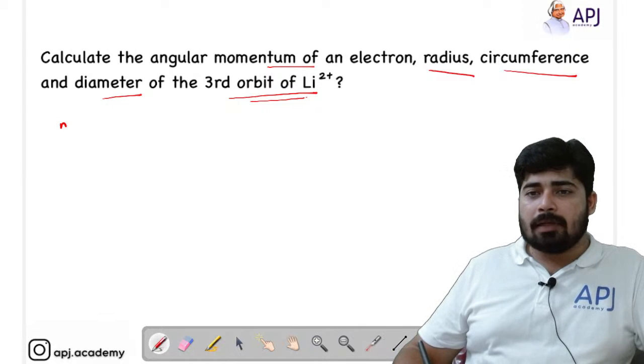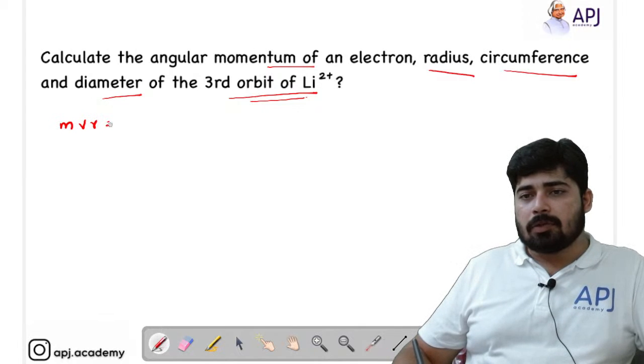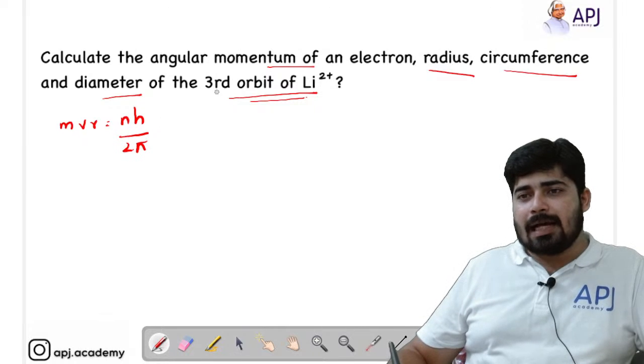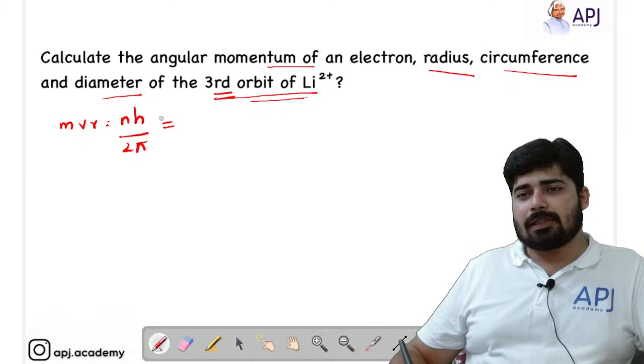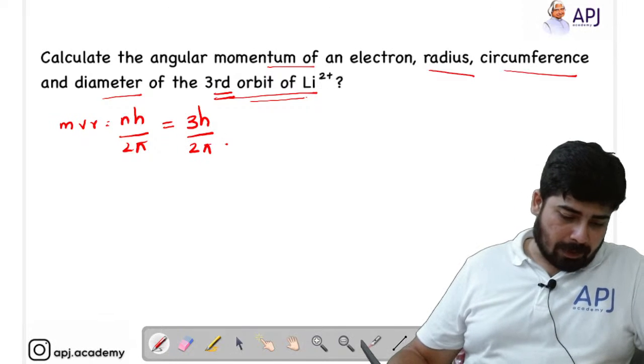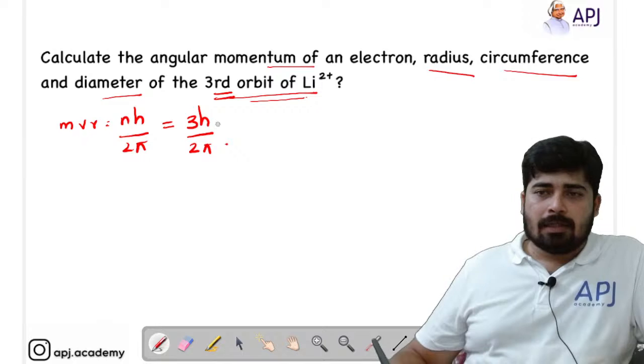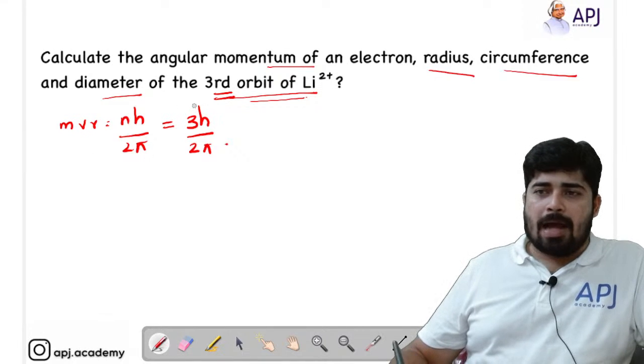Angular momentum mvr is equal to nh by 2 pi. It is given that the third orbit is given, so you can just give the value 3 in the place of n. So you get the value of 3h by 2 pi. That's all about the angular momentum.